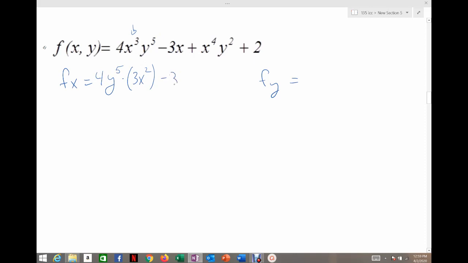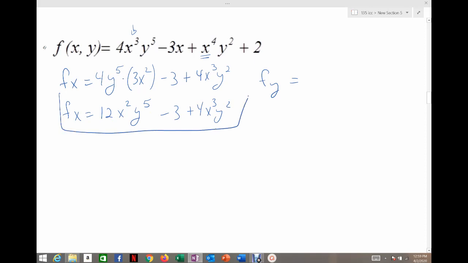Minus 3 plus, I'm taking the derivative of the x to the fourth, 4x cubed, the y squared comes along, 2 is a constant. And so I am going to clean this up since I know I have to take a second derivative. So 3x squared times 4 will give me 12x to the second, y to the fifth, minus 3 plus 4x cubed, y squared. There's my first derivative with respect to x.